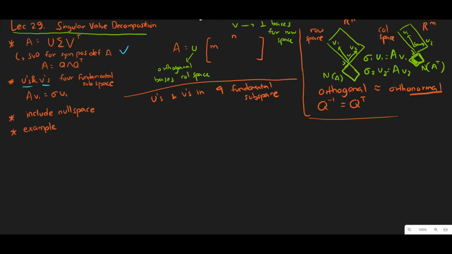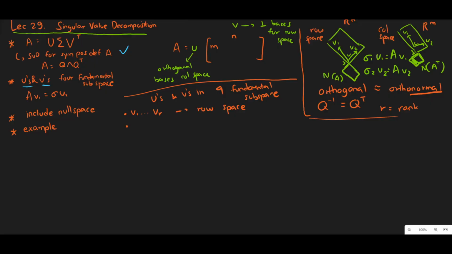If I want to summarize all of U and V in terms of the row space, column space and the null spaces, then first we have V1 to Vr, which belongs to the row space, the orthogonal vectors in our row space, where r is the rank of the matrix.